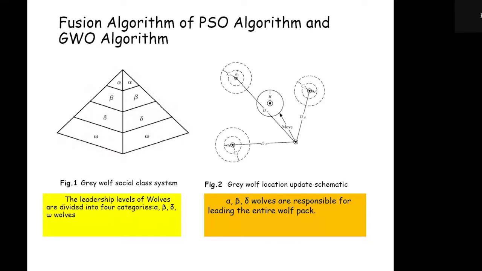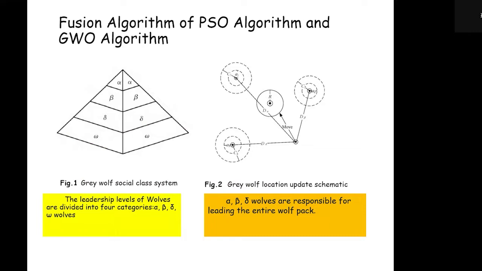The original GWO algorithm divides the wolves into 4 categories: alpha, beta, delta, and omega wolves. The leadership levels are shown in figure 1.